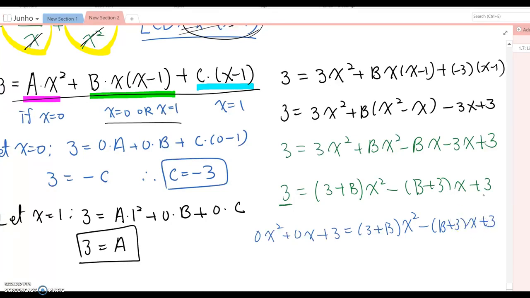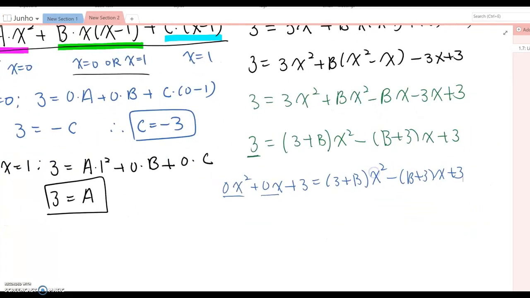Because the x squared and x terms are both 0, you can just choose one, maybe this one. Set up 3 plus b equal to 0. Then you know that b becomes negative 3 as well. So we found all the a, b, and c values.